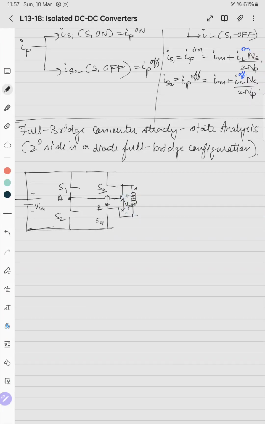This is Vp plus minus, and this is Ip. We'll also draw the magnetizing branch. Then here we have a single secondary, then a diode full bridge.